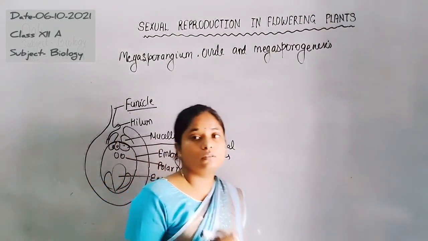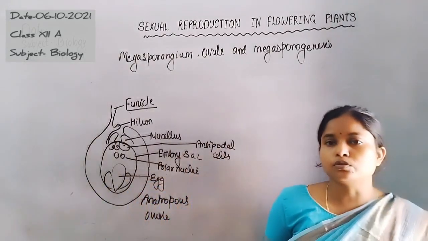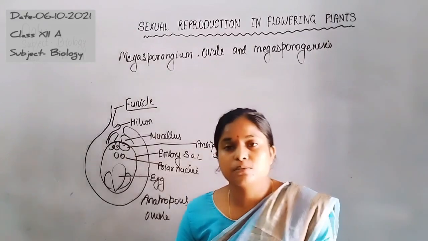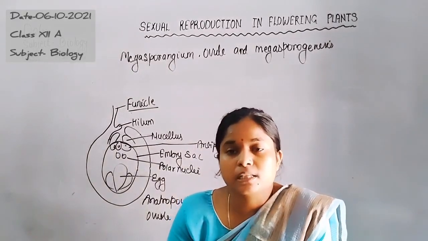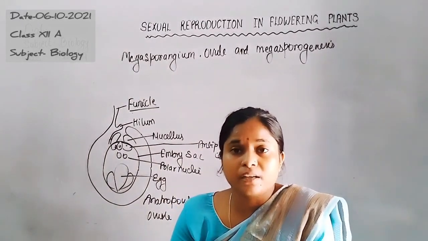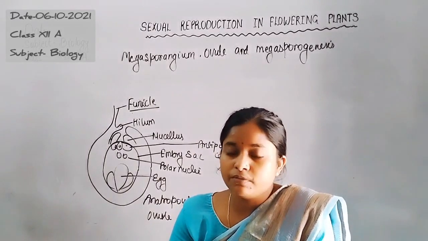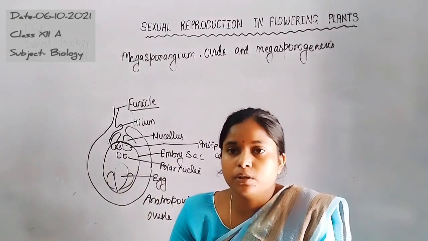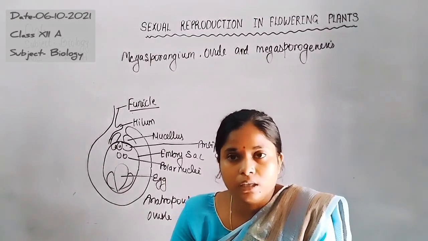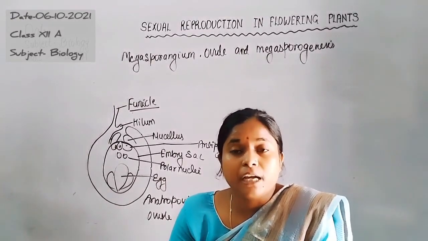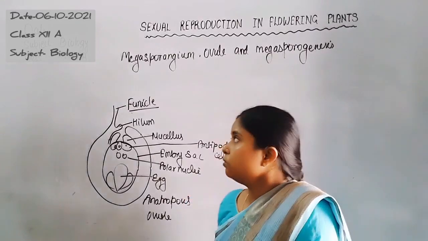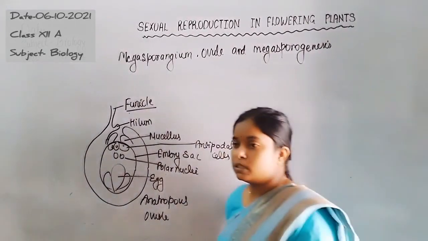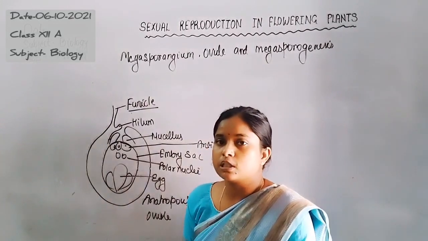So the structure of the ovule shows the nucellus, and the megaspore mother cell present inside it undergoes meiosis division. From the meiosis division, the formation of the embryo sac will occur during megasporogenesis.